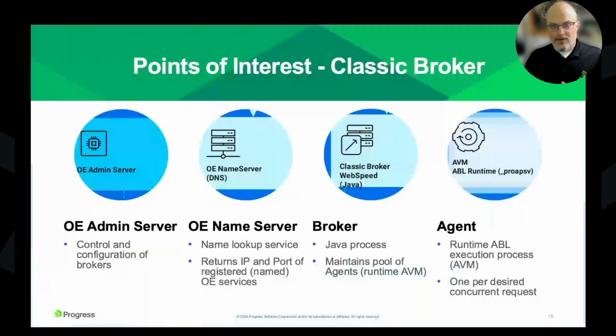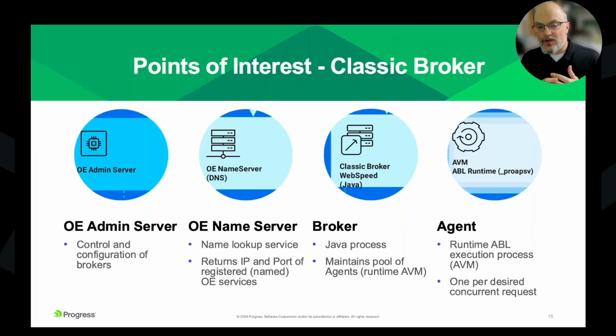And then that communication flows down to the agent where the actual ABL request is run. So in a classic broker point of view here, we have the OpenEdge admin server, which controls all your classic brokers, and the OpenEdge name server, which is a very important distinction.